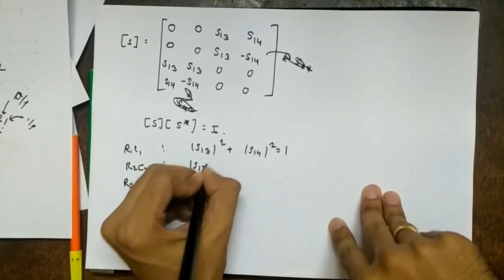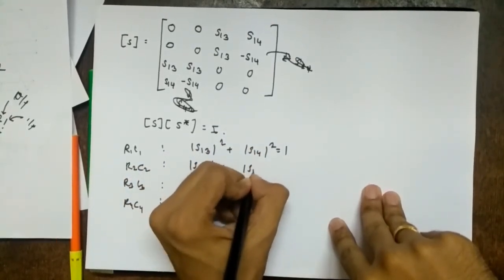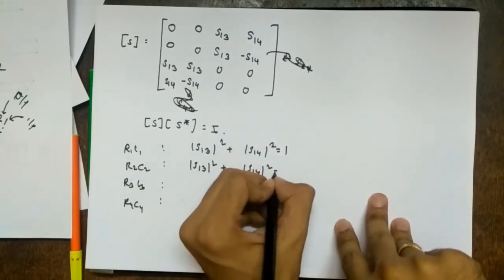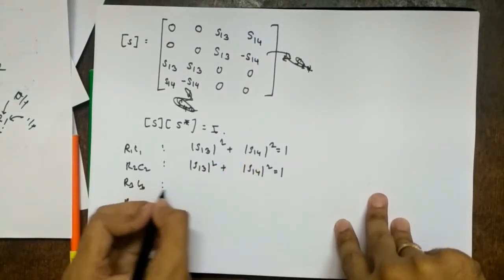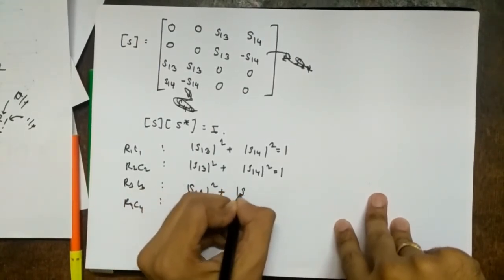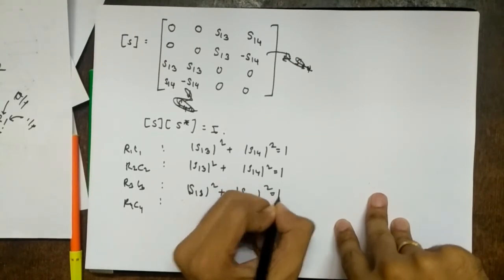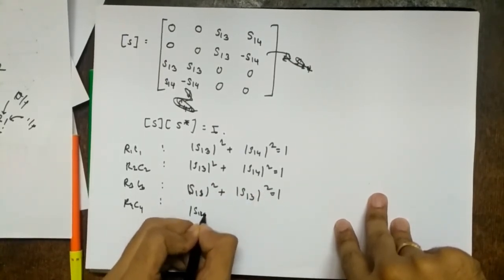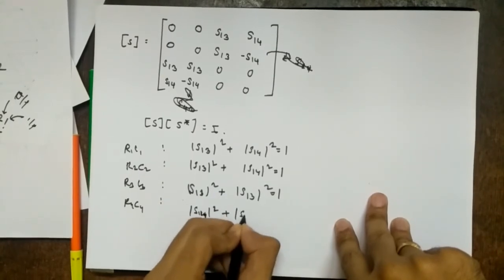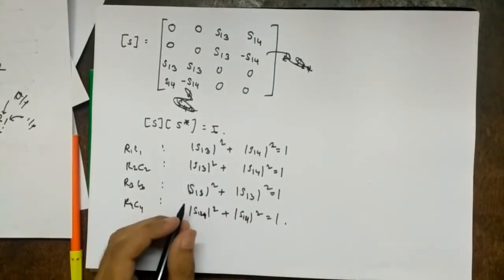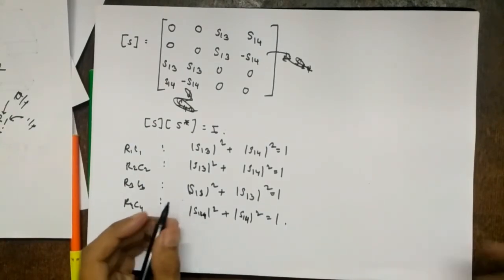Then S13 square plus S14 square equal to 1. Then S13 square plus S13 square equal to 1. And S14 square plus S14 square equal to 1. Right? So you are getting everything here only.